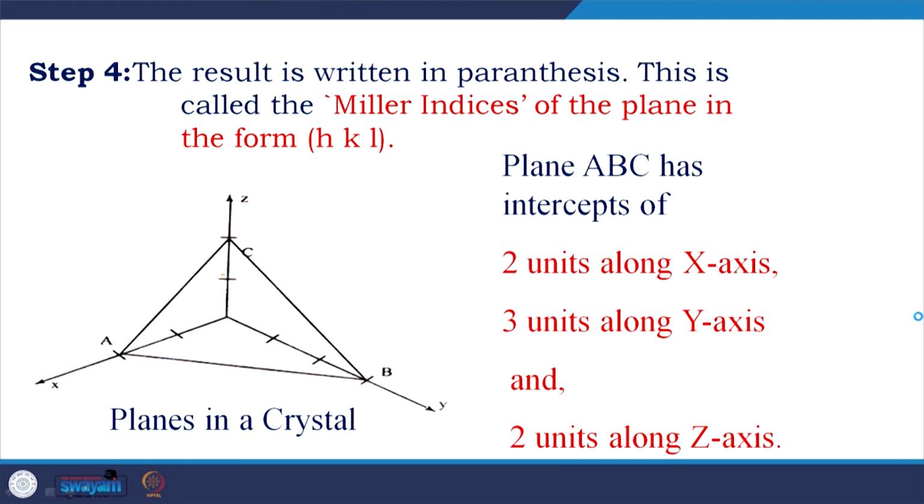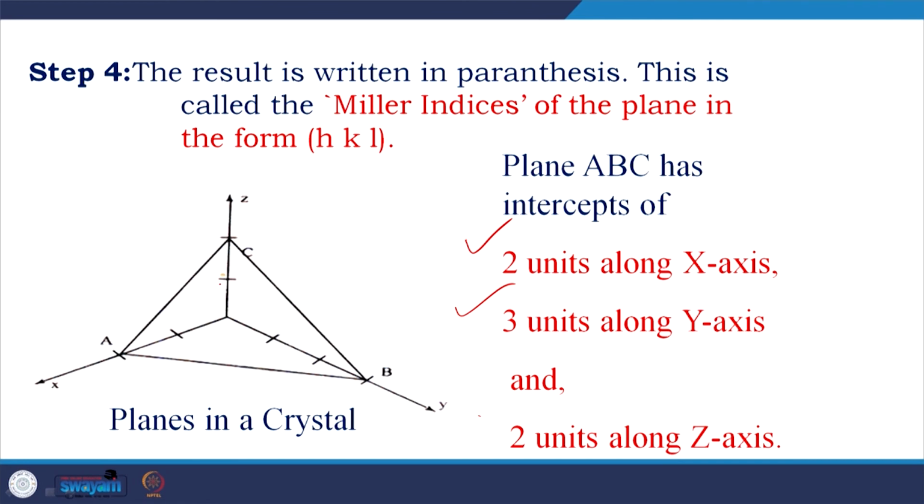So, if you see here, you get the planes, and this is 1 2 3, this is 1 2 and this is 1 2. So, along the x axis this is 2 units, 3 units along the y axis and 2 units along the z axis.